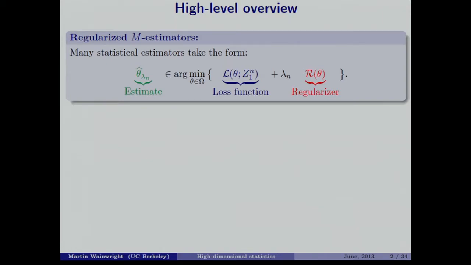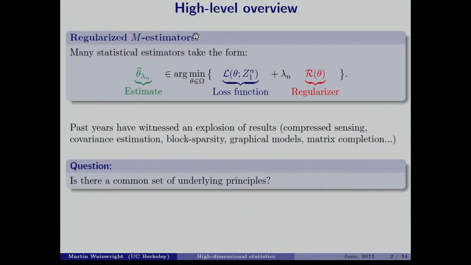What I'd like to do now, in the time that remains, is talk a little bit about more general perspectives. Because if we look back, in many different communities we've seen an explosion of results about many different models: about L1, about block sparse models with group regularization, about nuclear norm regularization, matrix completion, graphical models.